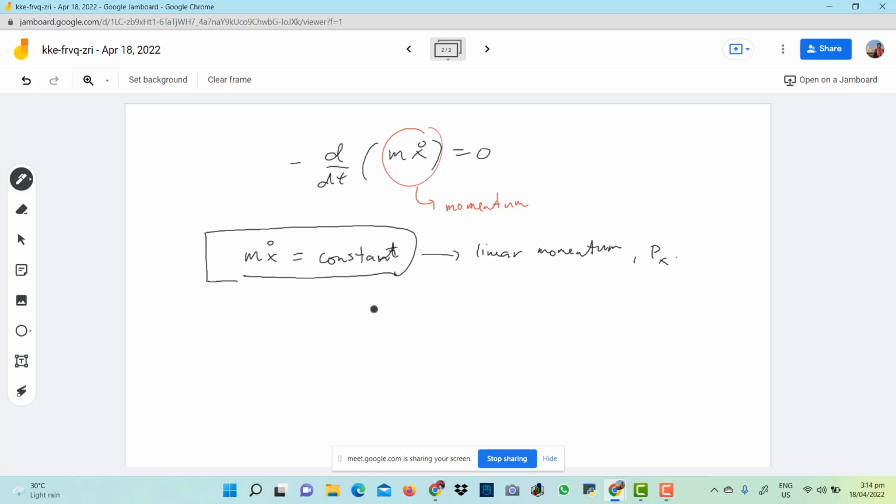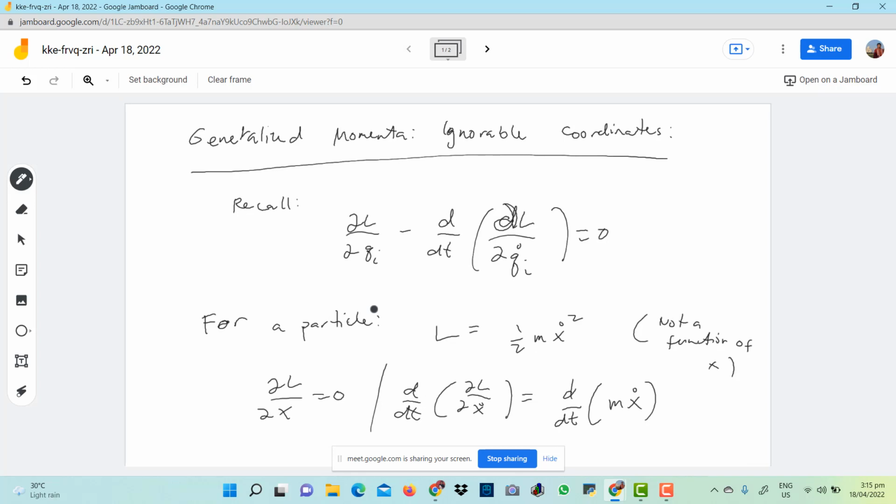Okay. So, we can actually define, as you can see from the Euler-Lagrange, the linear momentum as the partial of L with respect to x dot, which is equal to m x dot. Sakto ba?